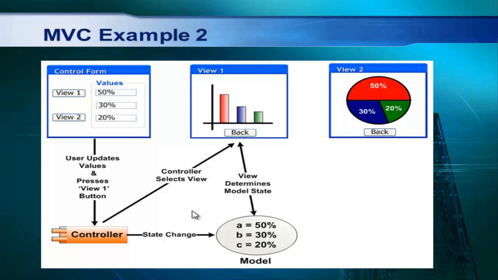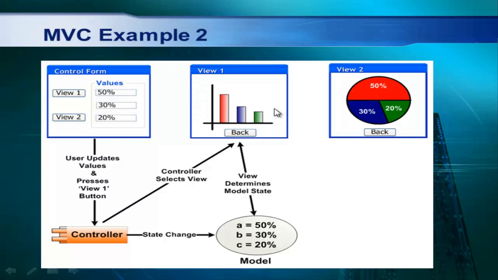Now let's look at some other application. Let's assume that we have written a program in Java Swing, and we have some values here, and there are two views. So the user says, I want to view it in the bar diagram. This request is captured by the controller. It will go to the appropriate form, which is the view, and it says these are the values, show it in the bar diagram.